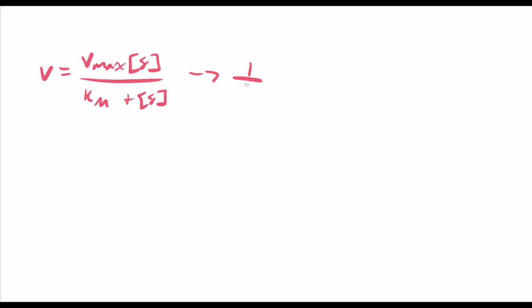So they have 1 over V is equal to what? It is equal to Km over Vmax times 1 over S plus 1 over Vmax. Okay, so of course they did some more stuff and they canceled out terms, but that is the end result, and that just comes from the reciprocal of the Michaelis-Menten equation.